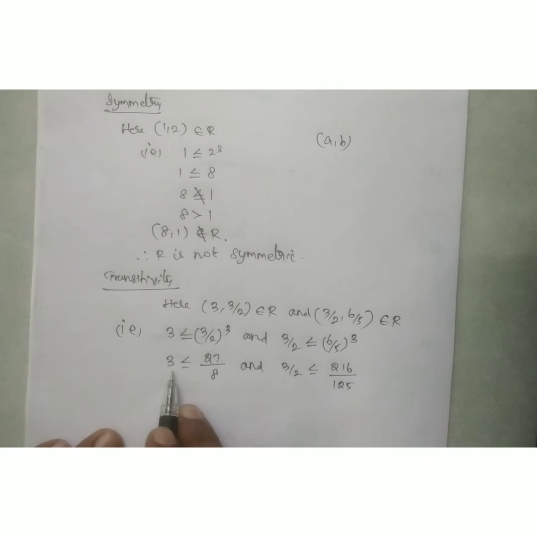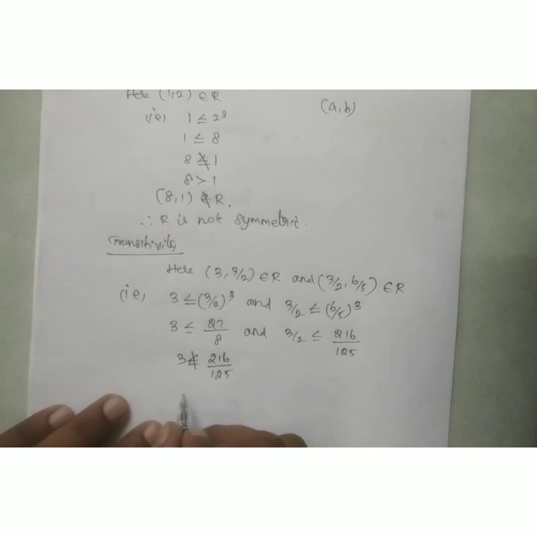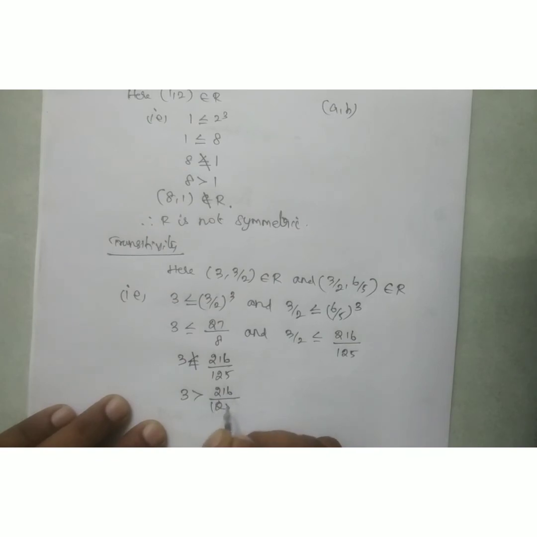But what about the third case, that is the A comma C case? Here clearly 3 is not less than or equal to 216 divided by 125, which means 3 is greater than 216 divided by 125.